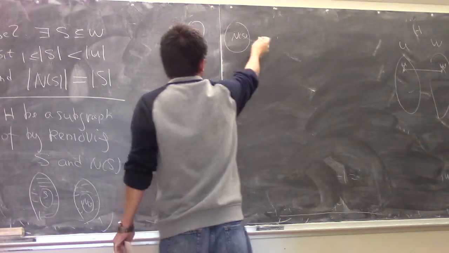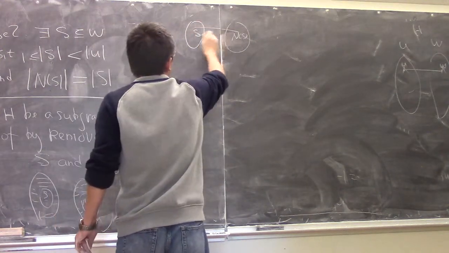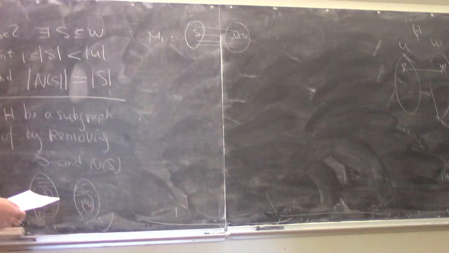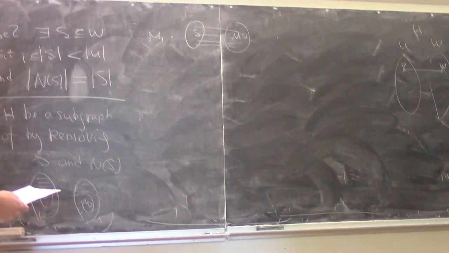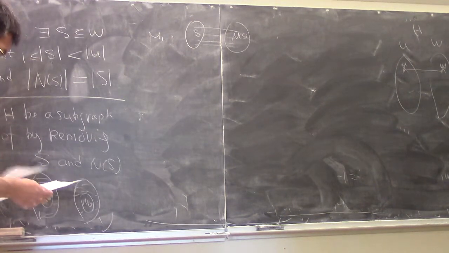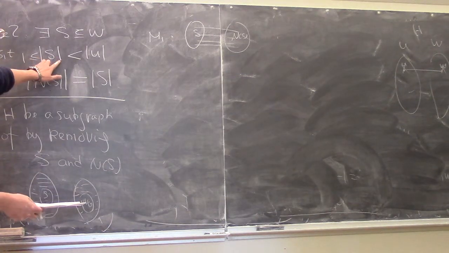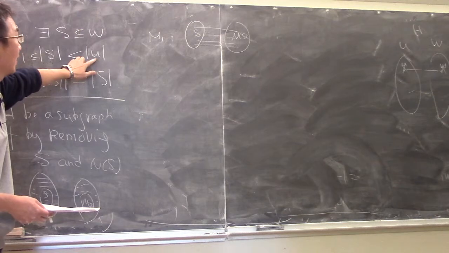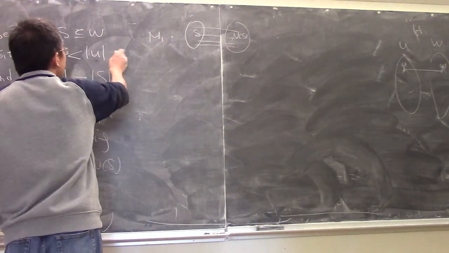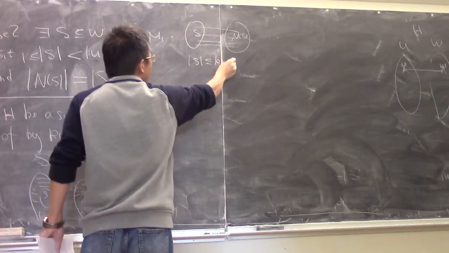So from here there's a matching. Let me assume there's a matching M1 from S to the neighborhood of S. Because the cardinality of S is strictly less than the cardinality of U, and the cardinality of U is equal to K, which means the cardinality of S is less than or equal to K minus 1.